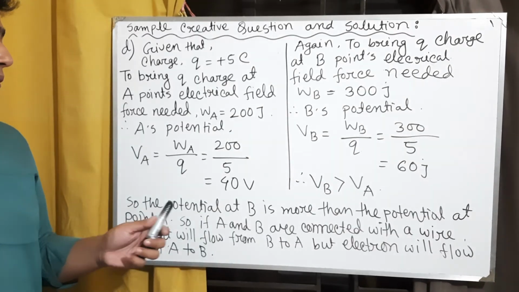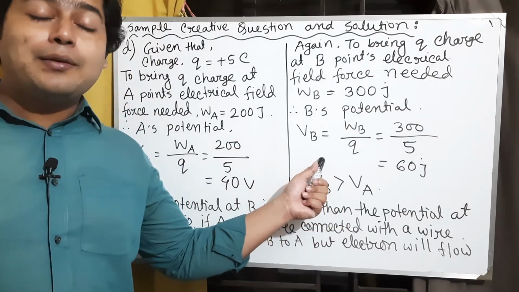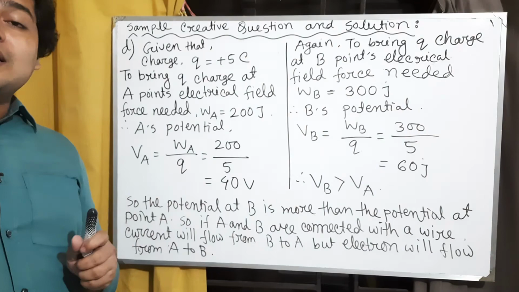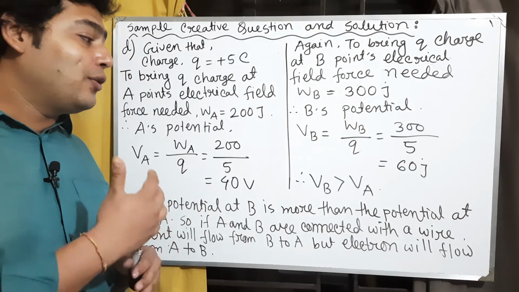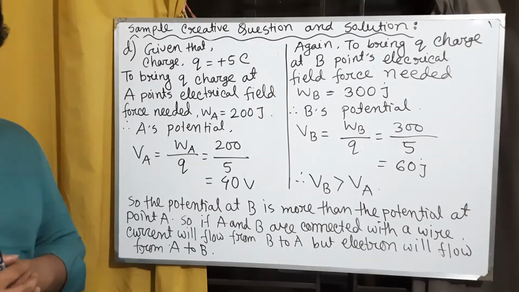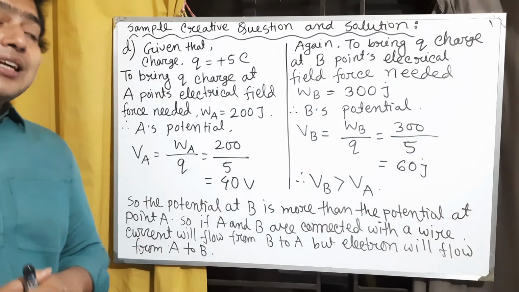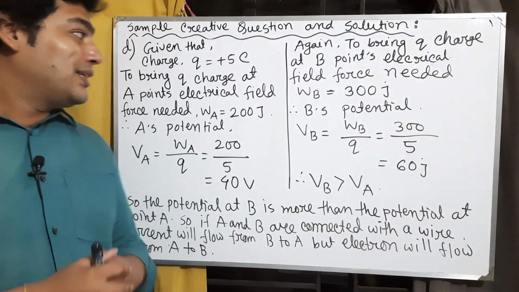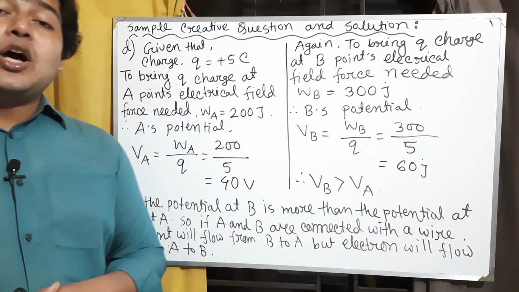Because the potential at point B is more than the potential at point A, current will flow from B to A, but electrons will flow from A to B. So the direction of electron flow is A to B when we connect these two charges by a wire. So this is the solution for question number D, and this is all for today.